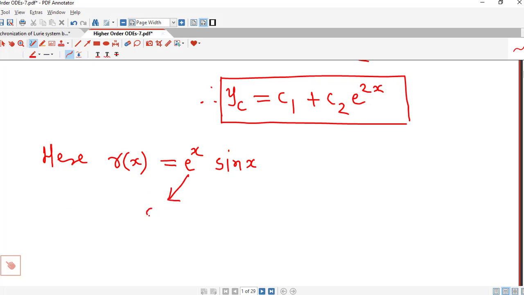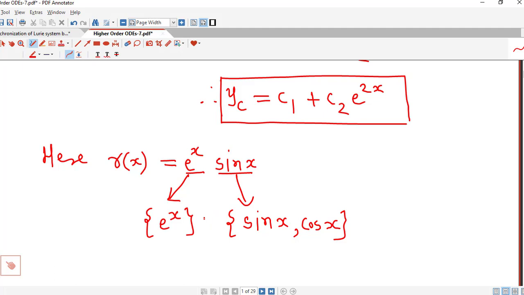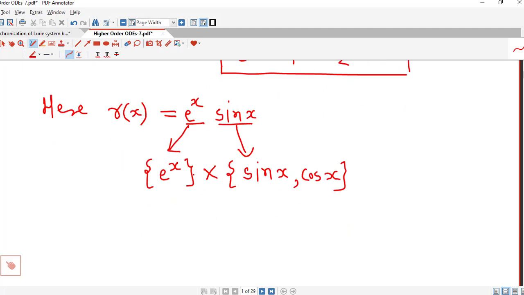So the family of derivative corresponding to e raised to x is e raised to x only, and the family of derivatives corresponding to sine function contains two functions sin x and cos x. So whenever two functions are in the product, we will consider Cartesian product of the corresponding family of derivatives. So here we consider Cartesian product of these two families.